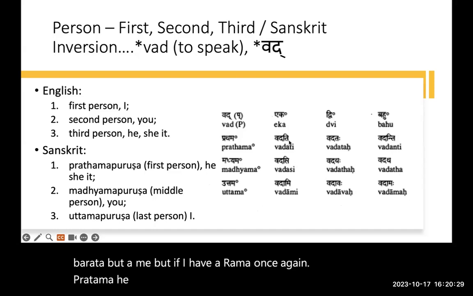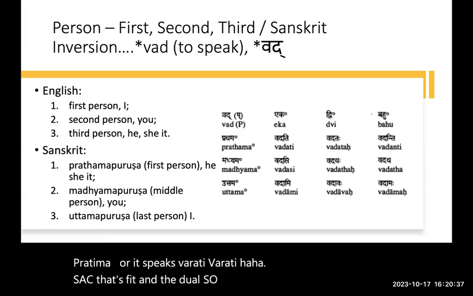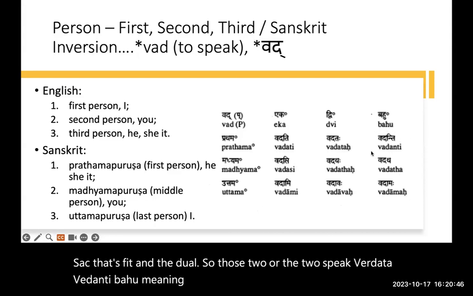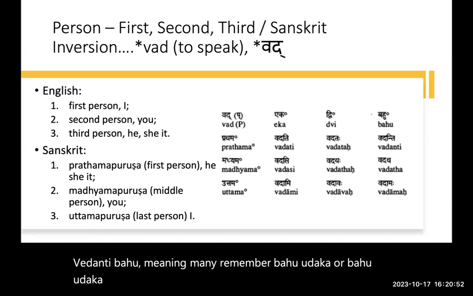He, she, or it speaks. Vadati. Vadataha. That's it in the dual. So those two speak. Vadanti. Bahu, meaning many. Remember Bahu Udaka? Or Bahu Odaka? Oh, Bahu Odaka would be Bahodaka.